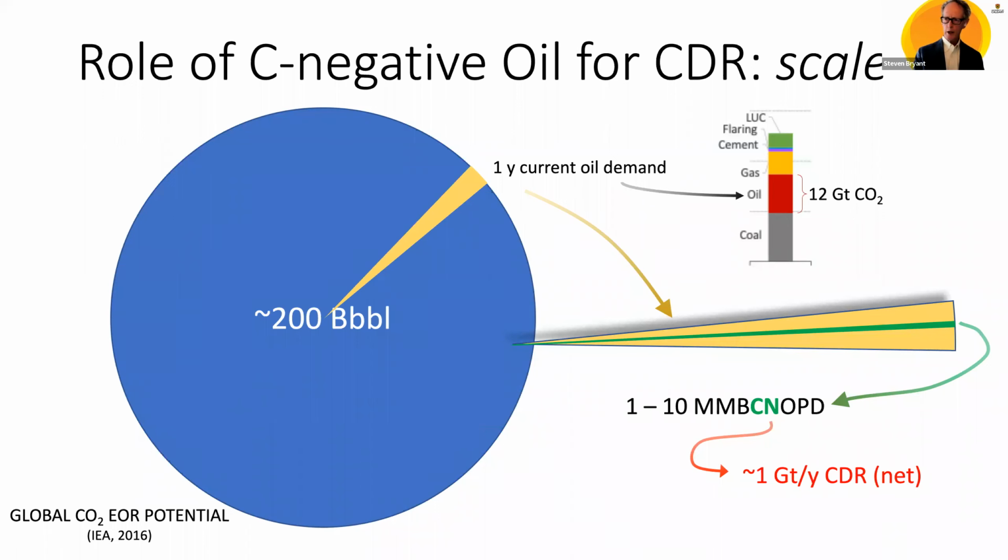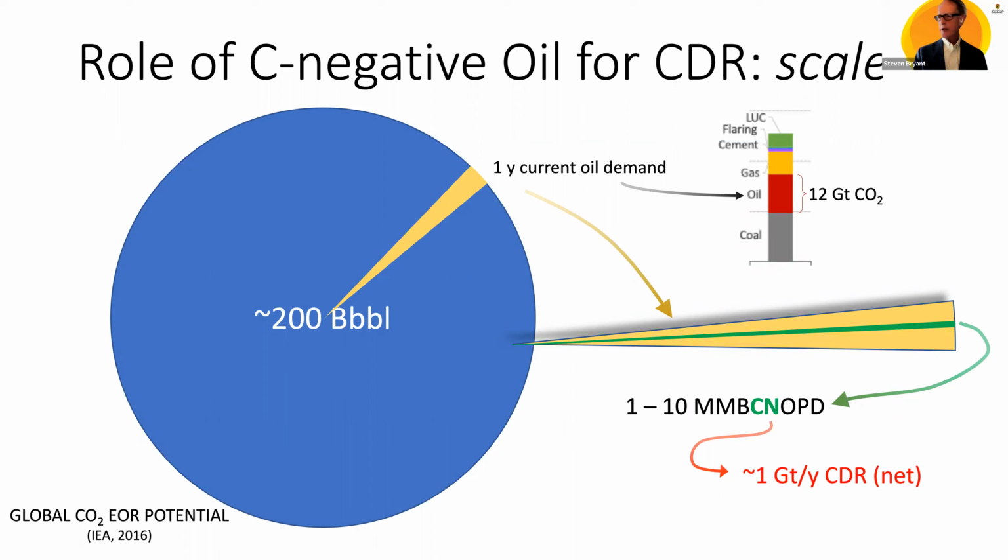So what if we supplied part of that demand with carbon negative oil? So we pulled out that yellow wedge, and it doesn't take a whole lot of that wedge to give you material amounts of CDR. That's the point.